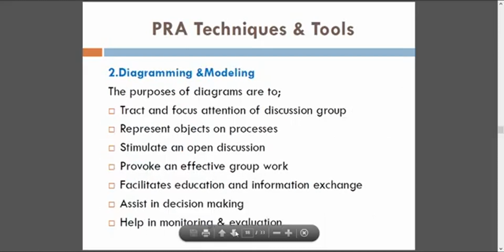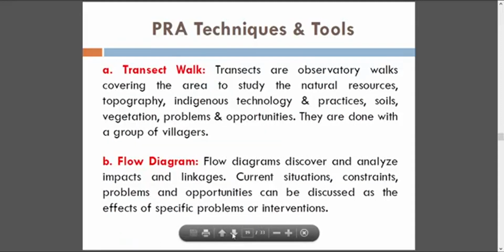Then we have diagramming and modeling as the second technique or tool, and the purpose of the diagrams is to: one, track and focus attention of discussion groups, then represent objects or processes, stimulate and open discussions, provoke an effective group work, facilitate education and information exchange, assist decision making, and help in monitoring and evaluation.